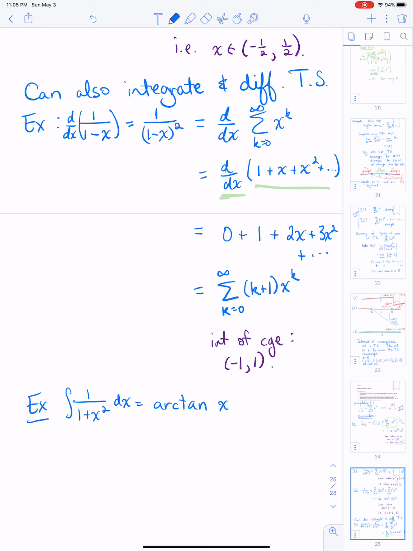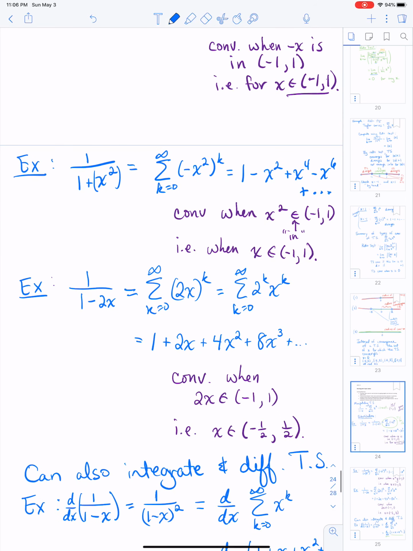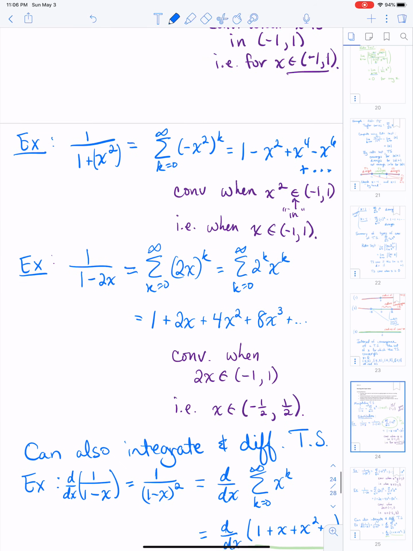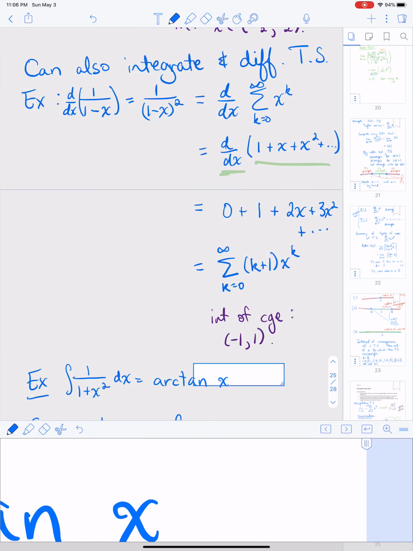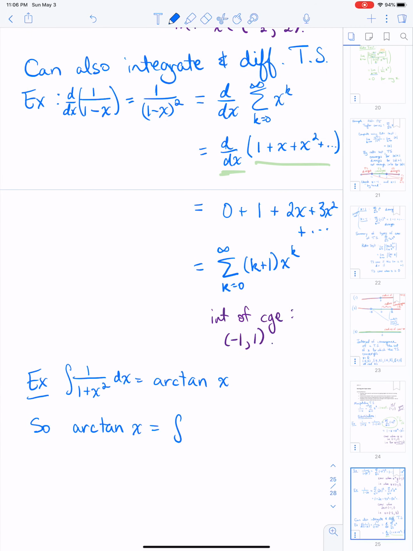So the series for arctangent of x is equal to the integral of, and here we have negative x squared to the k, k equals 0 to infinity.